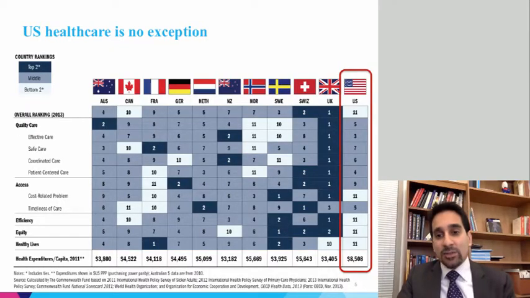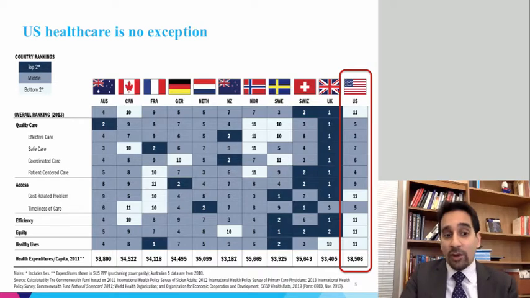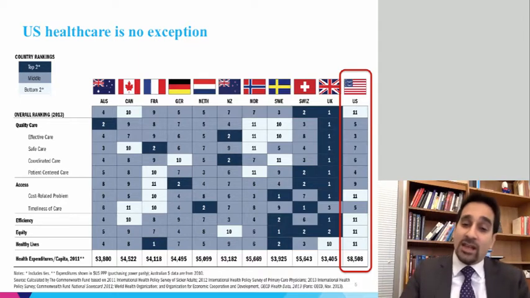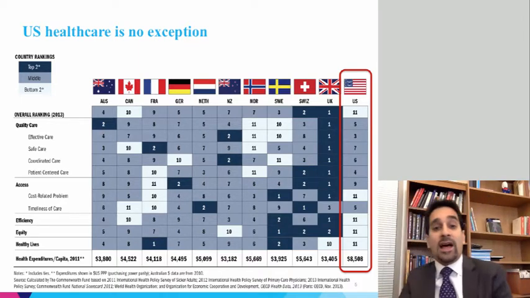And, as was shown through some recent data comparing OECD countries with regard to various aspects of health outcomes, the U.S. doesn't rank very well across the board. The U.S. ranks 5th in overall quality of care, 9th in access, and 11th out of 11 in efficiency, equity, and overall healthy lives.